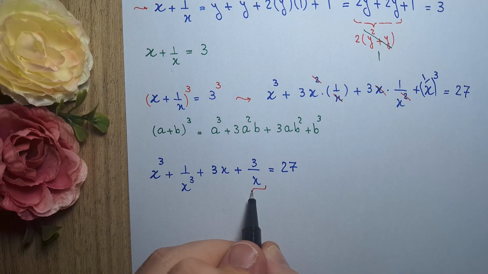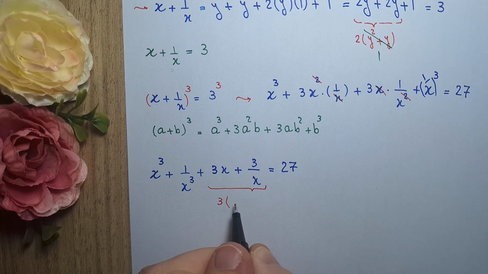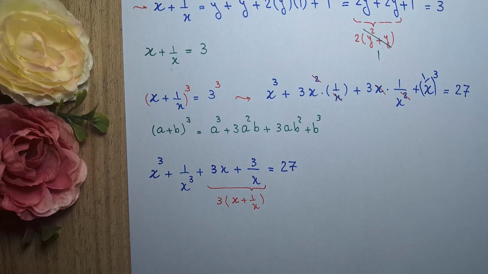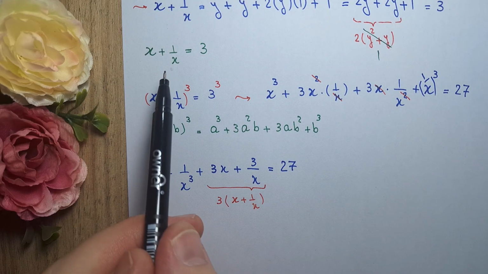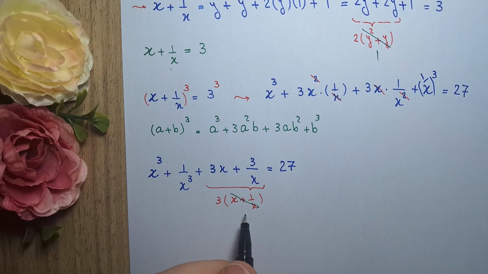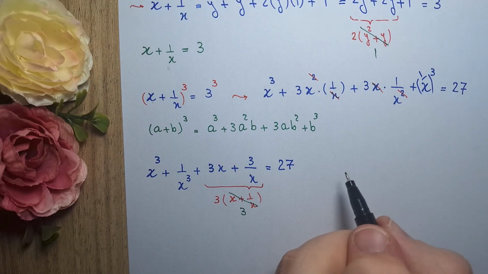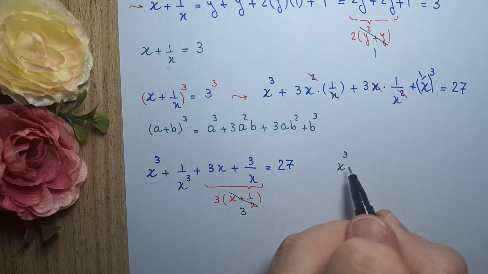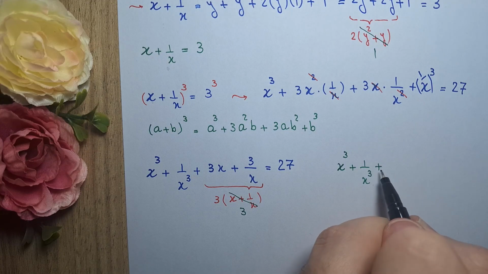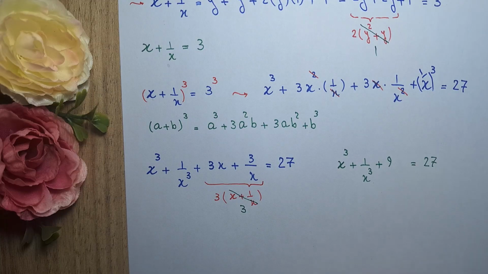In these two terms we can factor out 3, so we can write 3 times (x plus 1 over x). From here we know that x plus 1 over x is equal to 3, so instead of this part we write 3. So x power 3 plus 1 over x power 3 plus 9 is equal to 27.